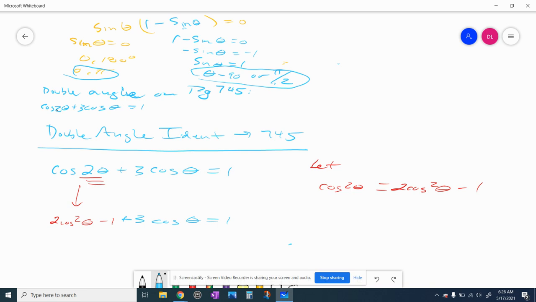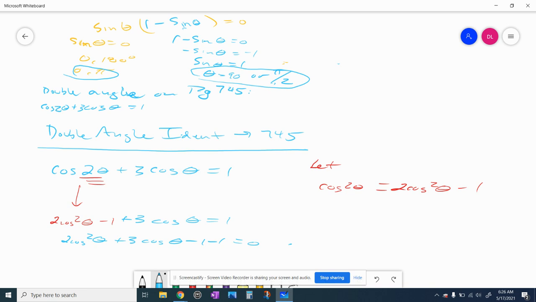So let's clean this thing up. I'm going to get 2 cosine squared theta, plus 3 cosine theta. Then I've got minus 1, and I'm going to subtract 1 from this side, minus 1, that equals 0.